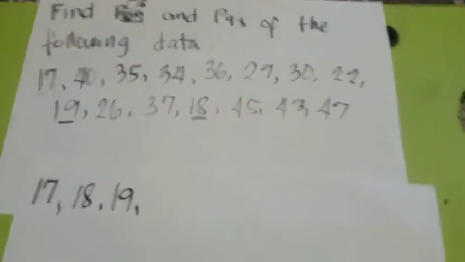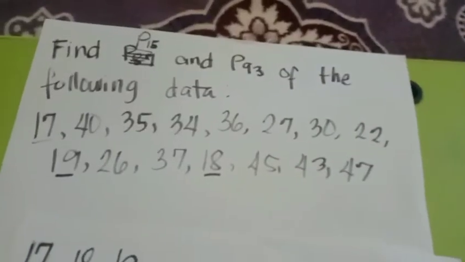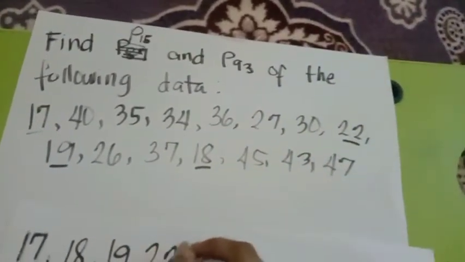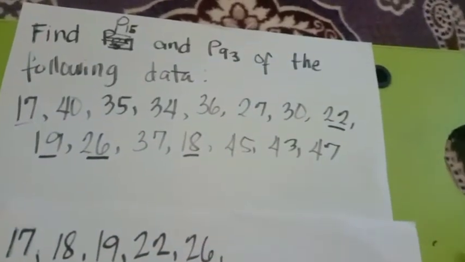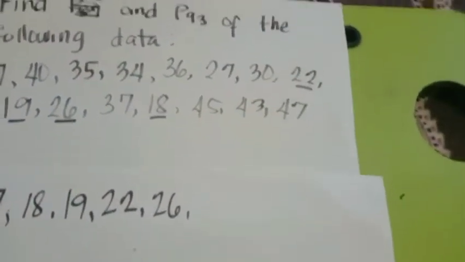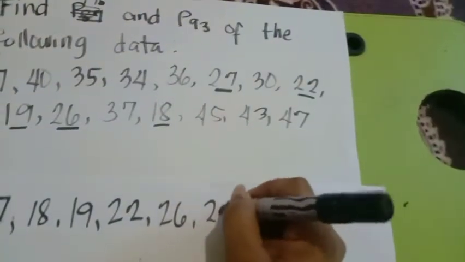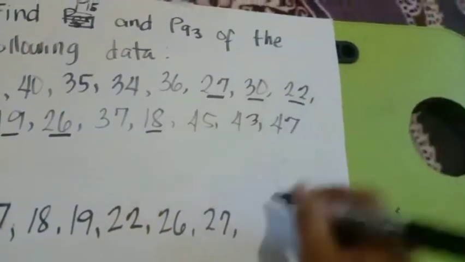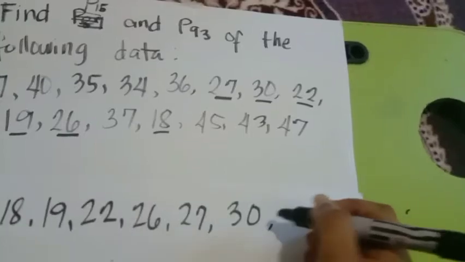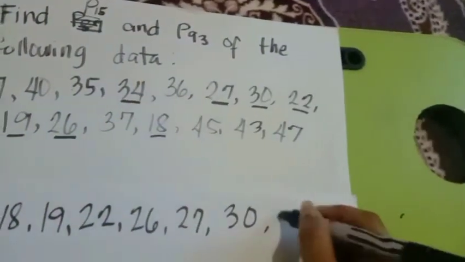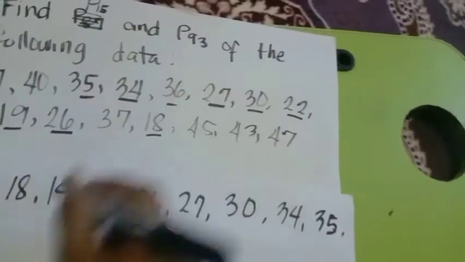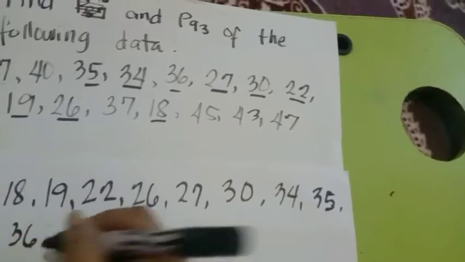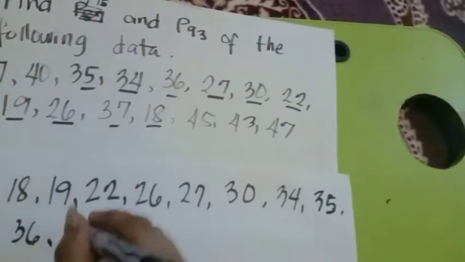After ng 19, we have 22. Then, we have 26. After ng 26, we have 27. Then, 30. Then, 34, 35, 36, then 37.